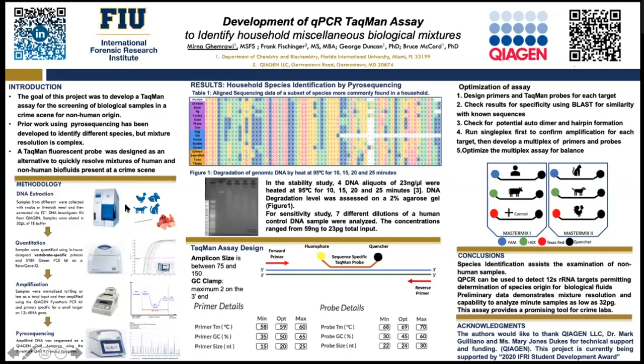I will go one step back here and tell you a little bit about the methodology. We collected different types of samples from at least 30, if not more, species that are more commonly found in a household.